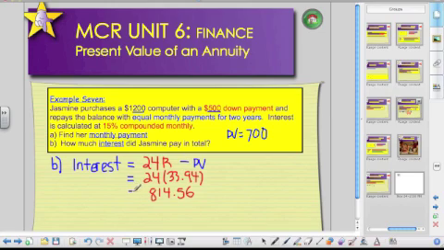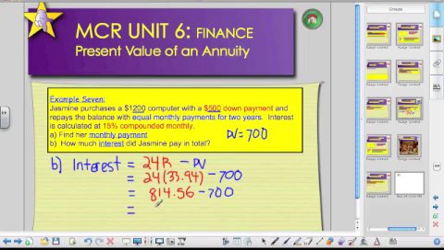Now to calculate the total interest, I have to subtract the present value of the computer. So after I paid my down payment, how much I initially owed on the computer, that was just $700. So the interest that was charged to Jasmine is $814.56 minus $700.